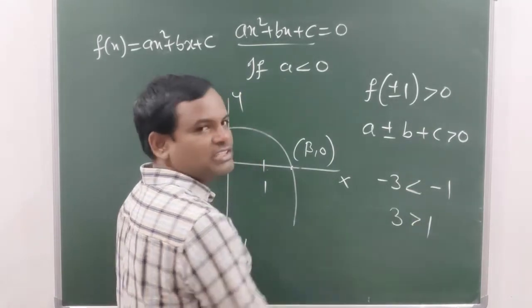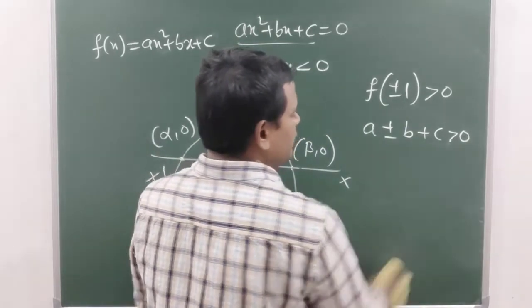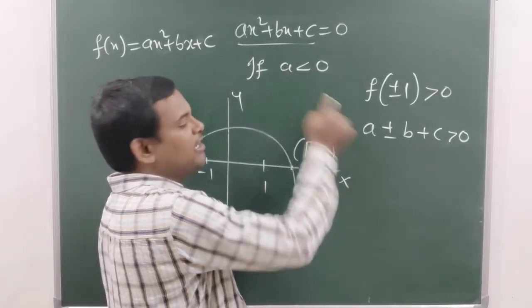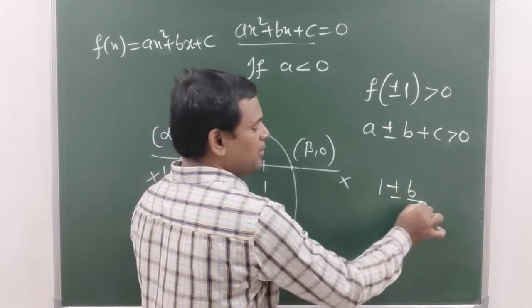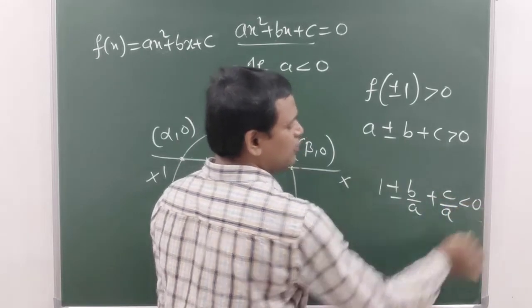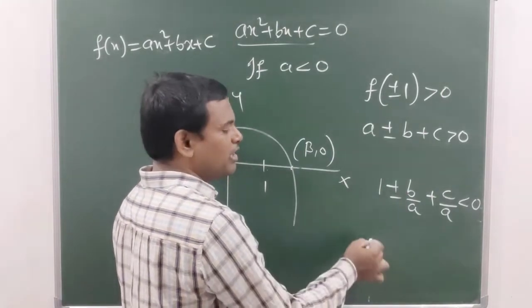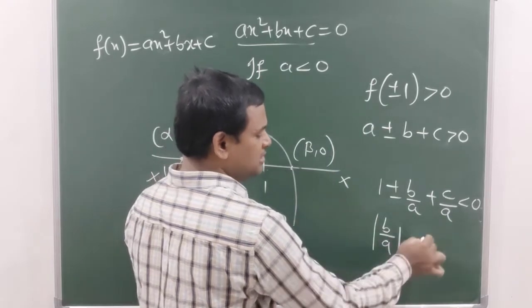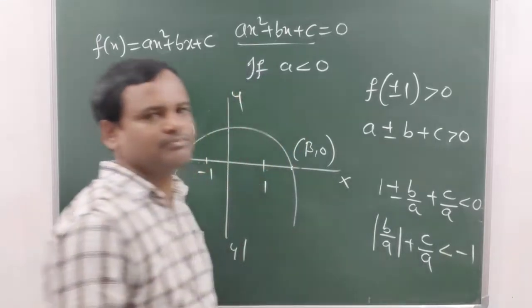This inequality will change to greater than. So when you divide both sides with negative quantity a, what do we get? 1 plus or minus b by a plus c by a less than 0 we will get. So this plus or minus b by a you can express as mod of b by a plus c by a. Now transfer this one to the right side, minus 1.